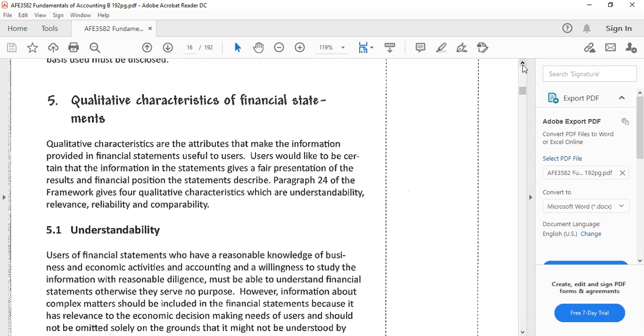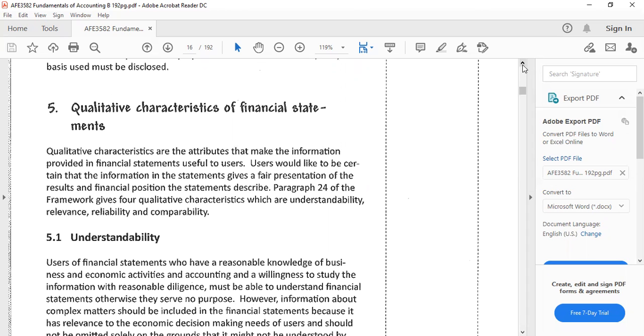Because if you do not give characteristics of financial statements, or the things that they need to present for them to be correct, then companies will end up presenting their financial statements in whatever way they would want, which is wrong. They need to have certain characteristics to be presented in a correct way.